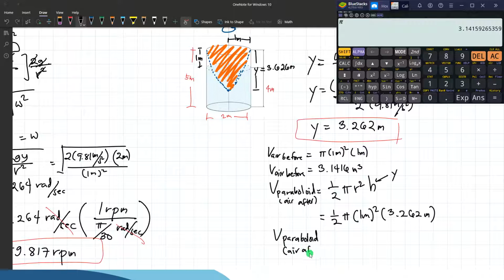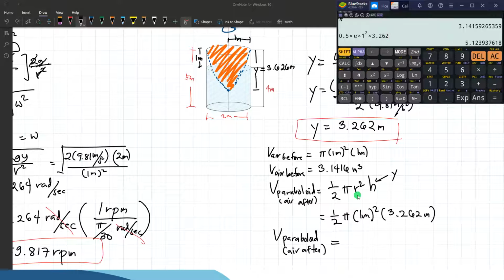So the volume of the air after it is rotated is equal to 0.5 times pi times r squared times h, 3.262.